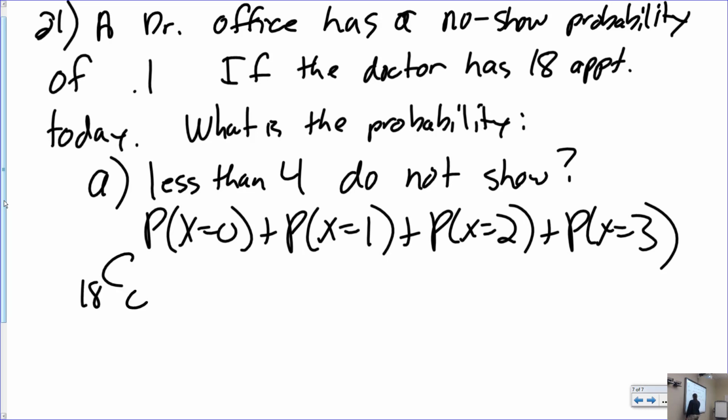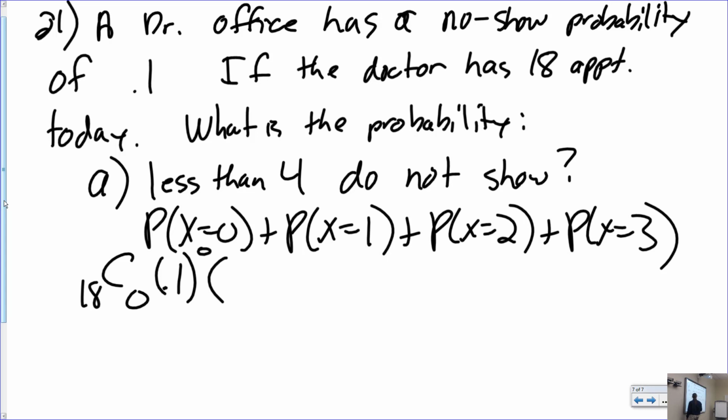Combination of 18 things taken 0 at a time. What's my p? 1 in 10. 0.1. What do I raise 0.1 to? 0th power.